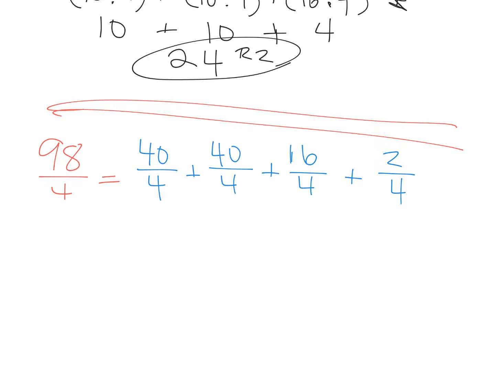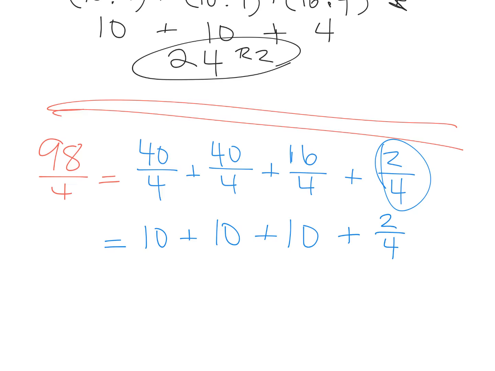And then this equals 10 plus 10 plus 4 plus, now this right here, we're just going to leave it, 2/4. And so now we can add them together. You get 24 and 2/4.